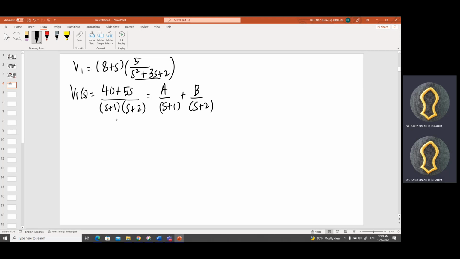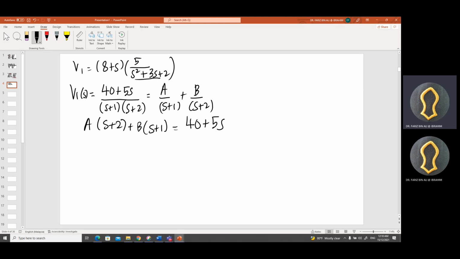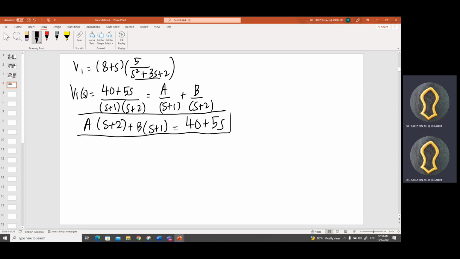Then we make a comparison where the upper part is A(s plus 2) plus B(s plus 1) equal to 40 plus 5s. This is our equation, and you can replace whatever value of s inside here in order to get your A and your B.